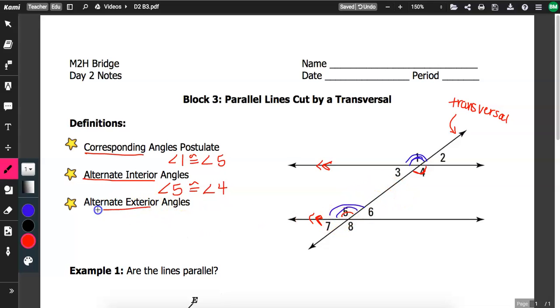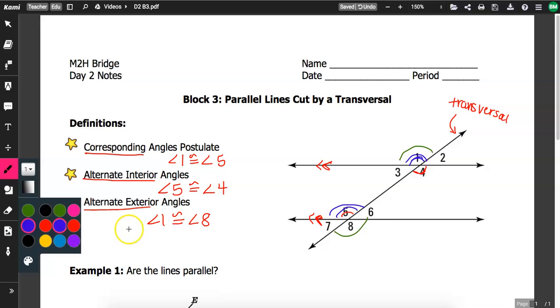And then we have alternate exterior, on the outside, that would be angle 1 and angle 8. That's just one example. There's more than that. Angle 1 and 8, angle 2 and 7 are also alternate exterior angles. These ones are on the outside of the parallel lines and on opposite sides of the transversal.